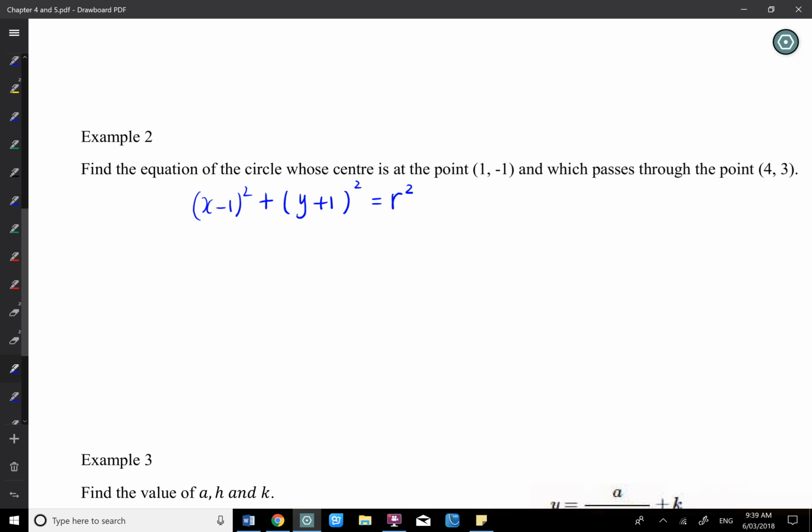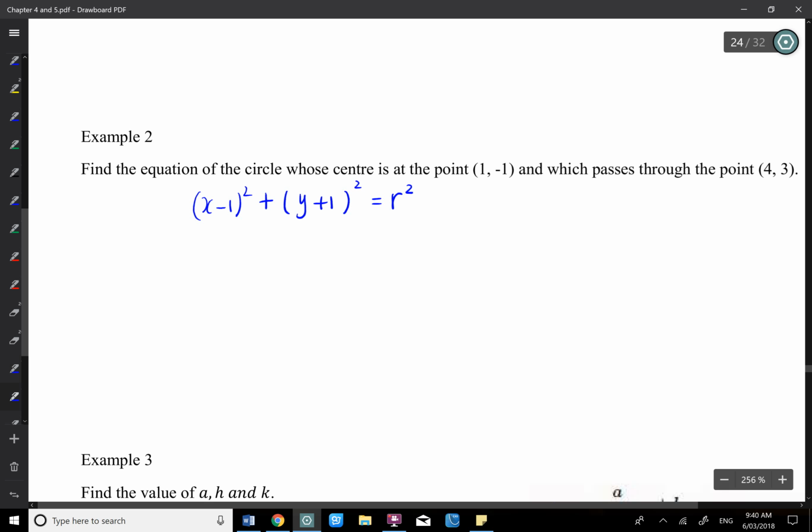My question here is, how can you find out r? Yes? Sub the point 4, 3 to solve for r. Okay, that's right. That's one method. Is there any other method we can do? Distance between those 2 points. We can solve out the radius that way as well. Both methods will work. If we do the substitution one, we sub x equals 4 and y equals 3.